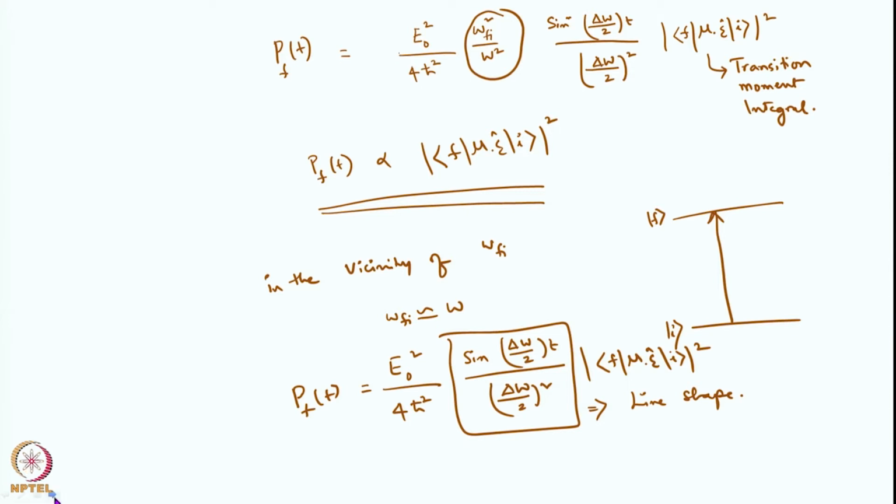Now, of course, all these are non-zero. So, whether the transition will be allowed or not is given by this integral. One can write the transition moment integral, TMI, is equal to f mu dot epsilon i. This is my transition moment integral, and whether the transition from i to f will be allowed or not will depend on this integral.